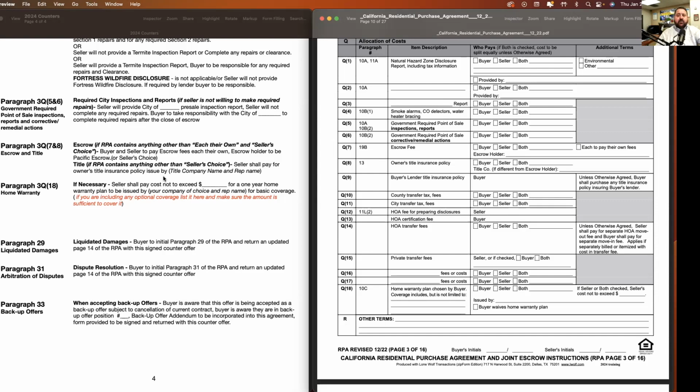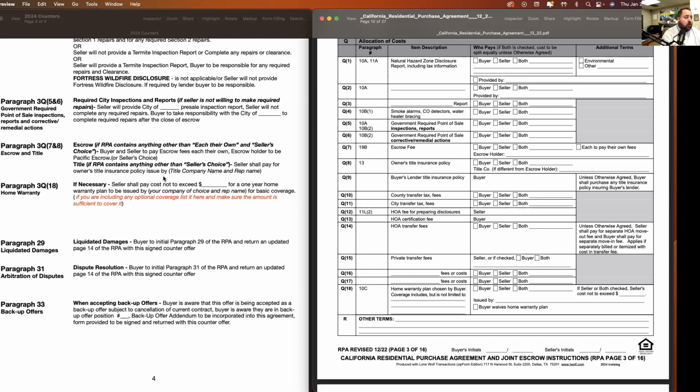If you just put Stewart Title or North American or Fidelity Title or whatever, our escrow is more than likely going to use the reps that you guys know. That's the same reps. But if for some reason you just put a company name, they don't always give it to that rep, and especially if it's an outside office, an outside escrow.